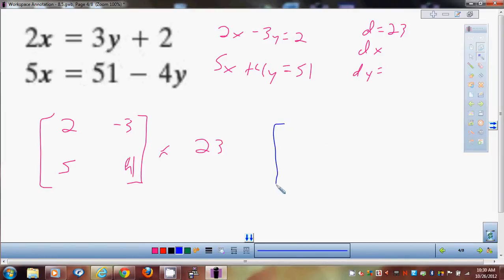What's going to be my matrix to find dx? Very good. The answers substitute out for the x's, and you find your determinant. 8 minus negative 153 is, I think, 161.